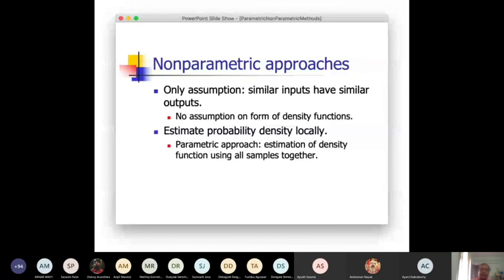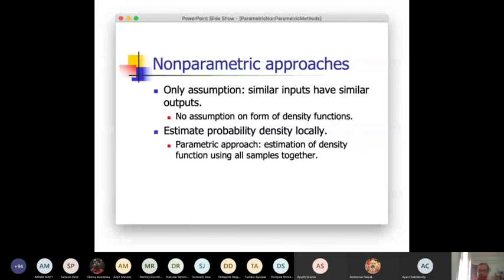In contrast, in a parametric approach, we estimate a density function using all samples together. But in this case, we will be considering local to a particular point.